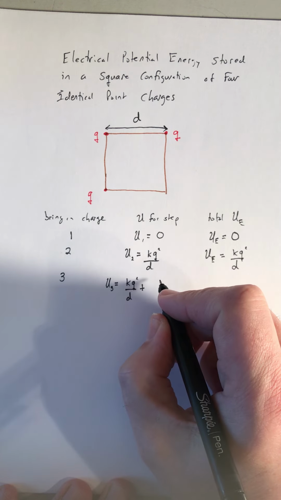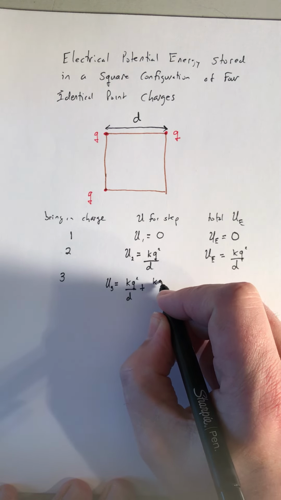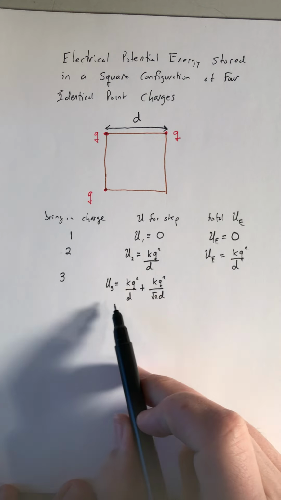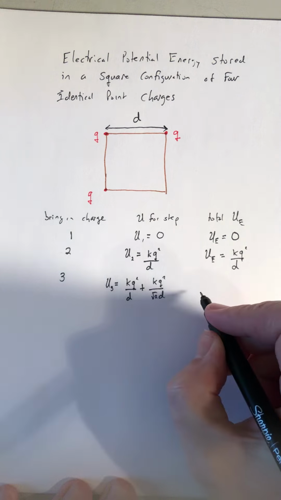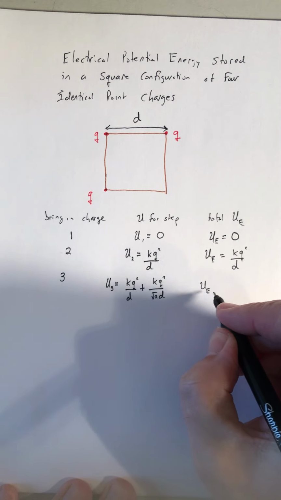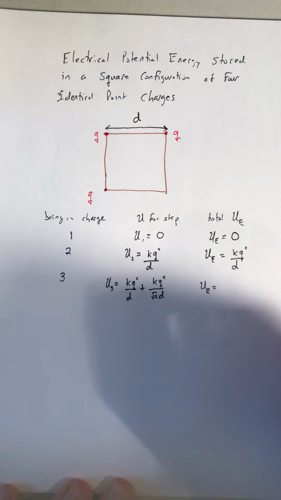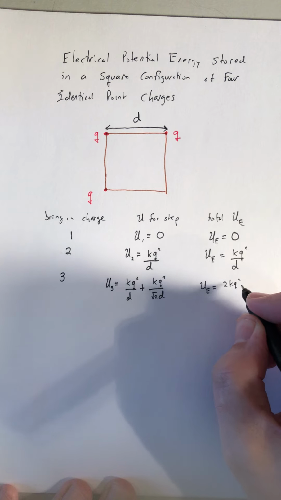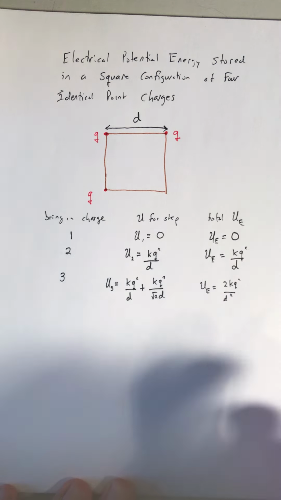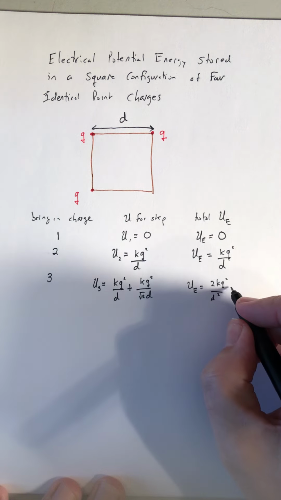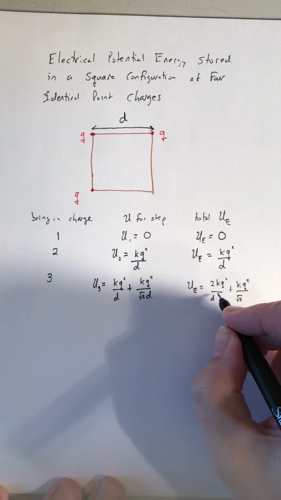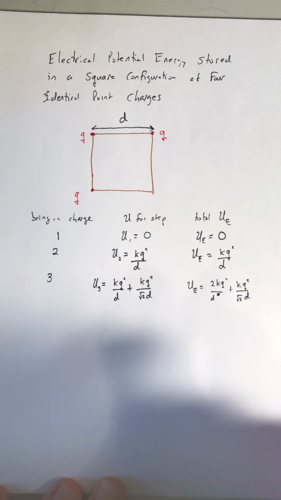Instead of being d away, it's root 2 d away. And I'll add U3 to what our running total is. And so far our electrical potential energy is going to be 2kq squared over d plus kq squared over root 2d.